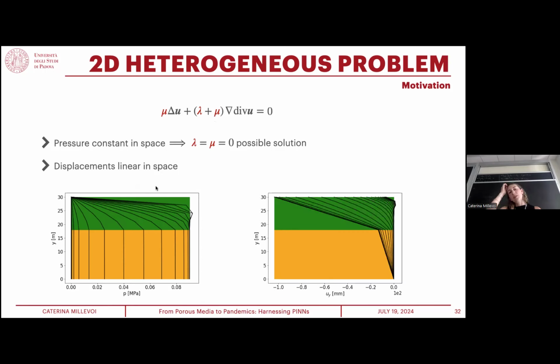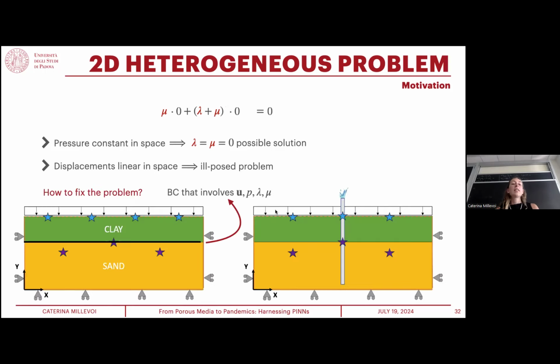But if we look deeper into the fact that displacements are linear in space, also those other two terms are equal to 0. Okay, so actually this turned out to be an ill-posed problem with PINNs, and we are still thinking about how to solve this.